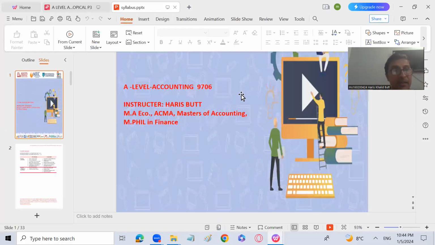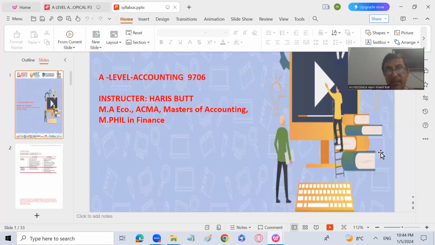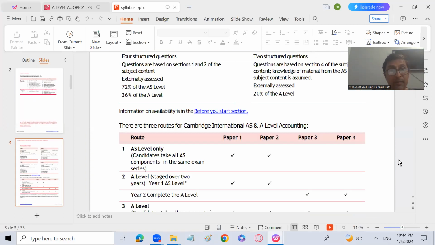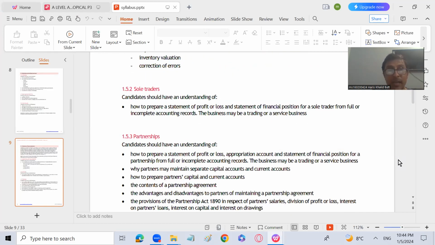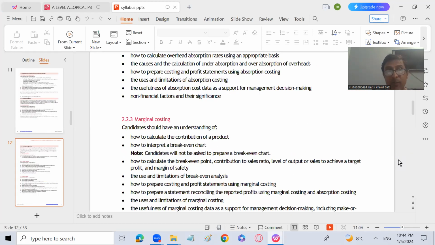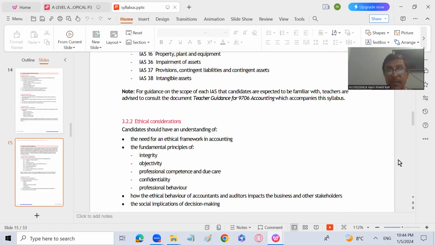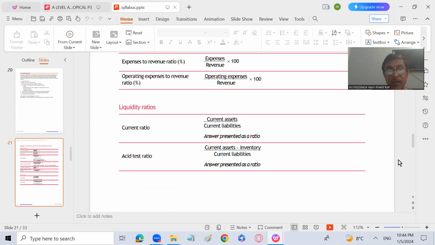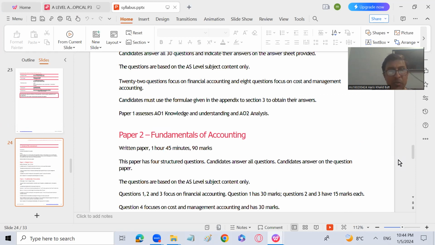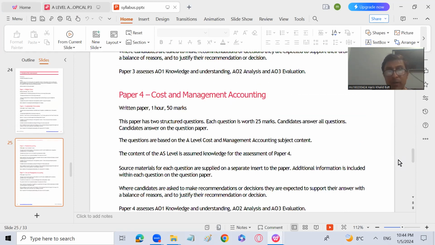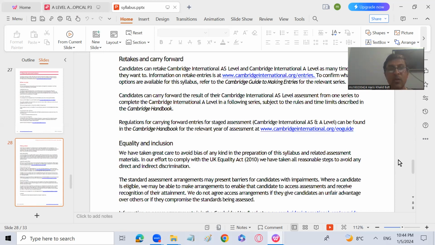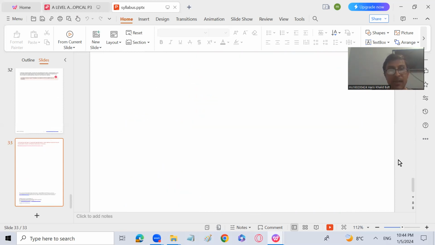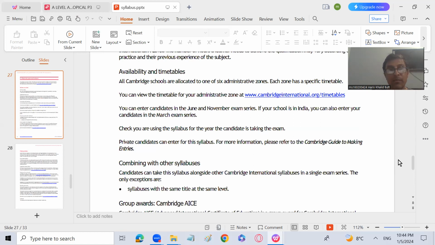And as I discussed with you, you have to cover the things in the most appropriate way. Paper 1, paper 2, paper 3, and paper 4. The syllabus content I have already discussed with you, the P3 syllabus and P4. These are the ratios which we need to cover. And I have already discussed the paper pattern with you also. So this is how the course outline has been developed for our accounting program.